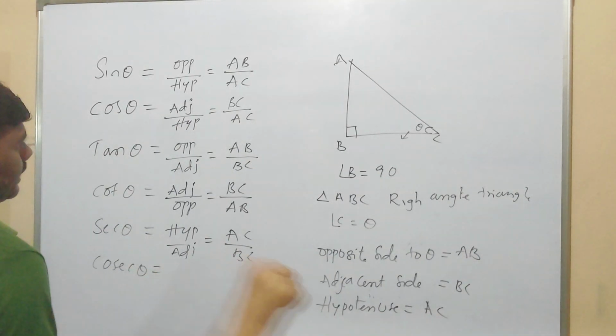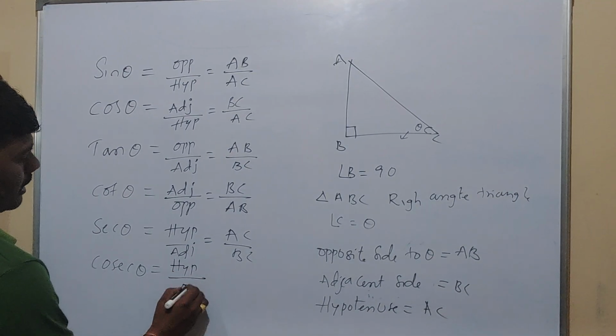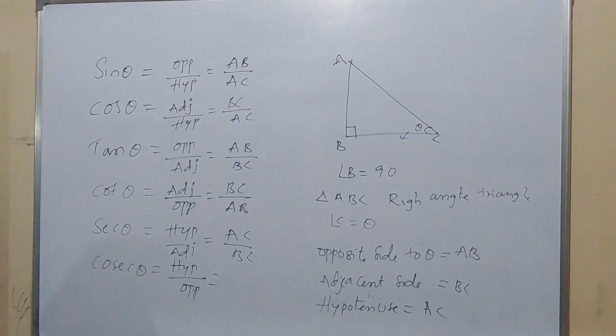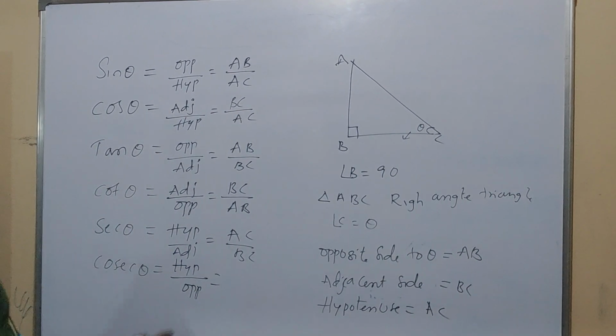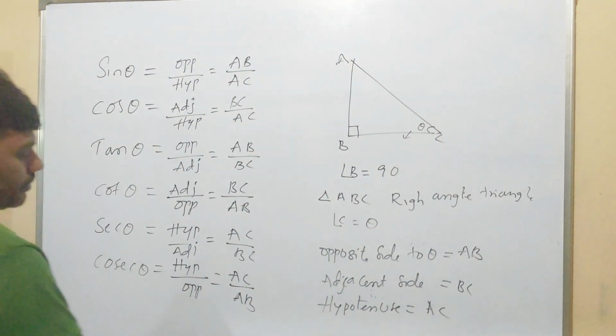Next, cosecant theta equals hypotenuse by opposite, which is AC by AB.